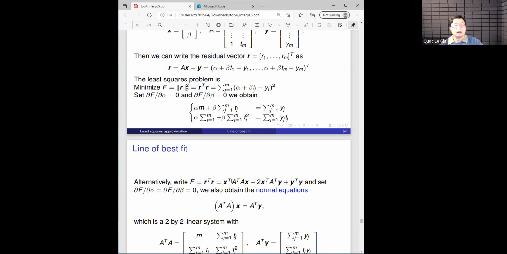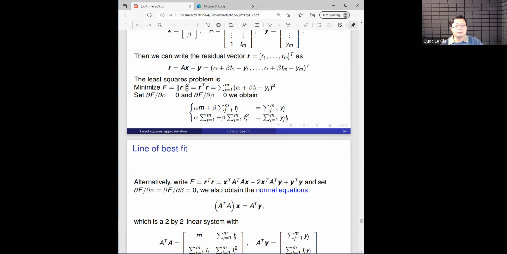By the definition of the residual, you plug it in: the residual Ax minus y, you plug it in here and expand it. Then you set partial F with respect to alpha and partial F with respect to beta equal to 0, and you obtain these equations, the normal equations.